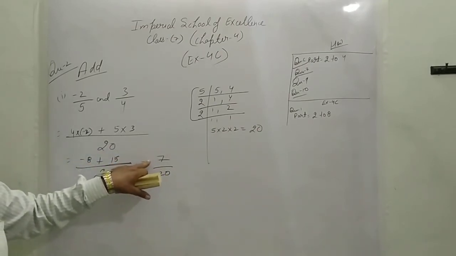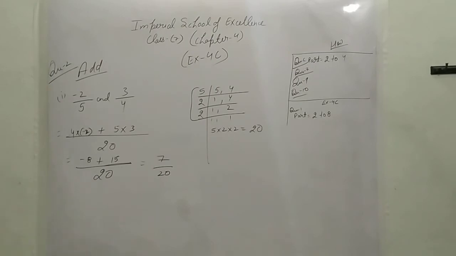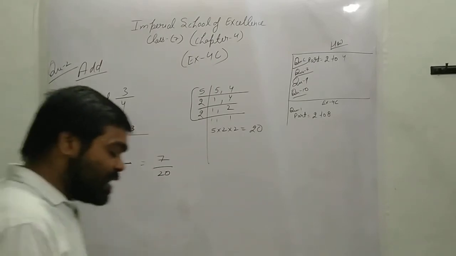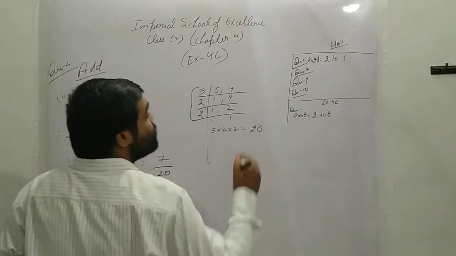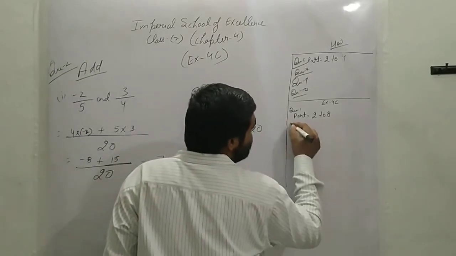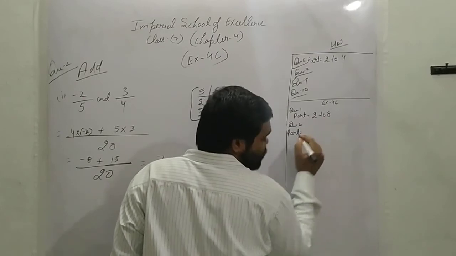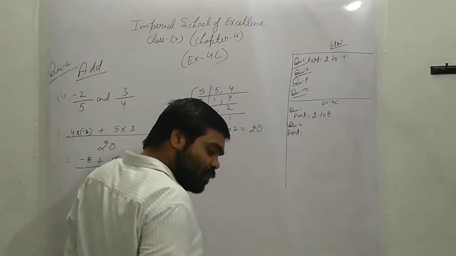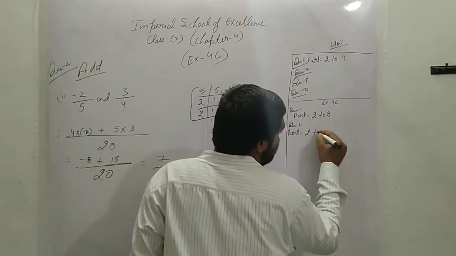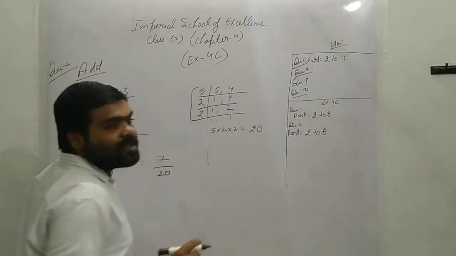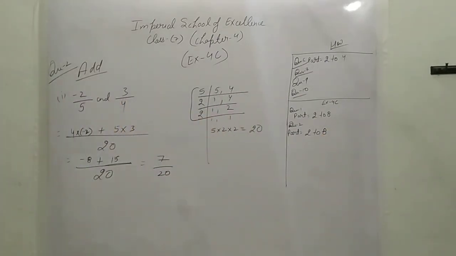Okay, this one is clear. You have to do question number second, parts 2 to 8. You have to do these questions of exercise 4C, question number 1 and question number 2.